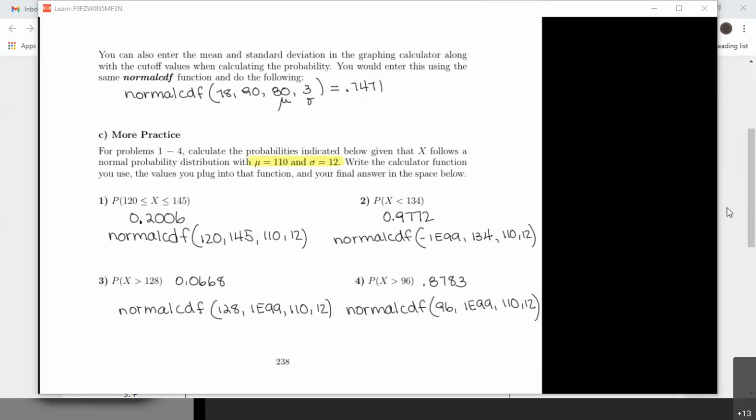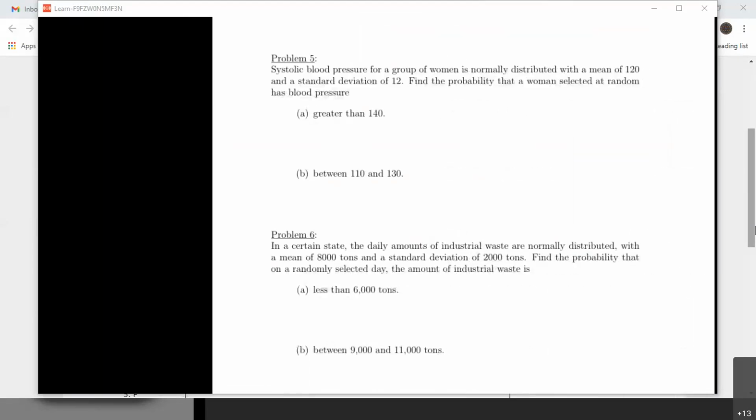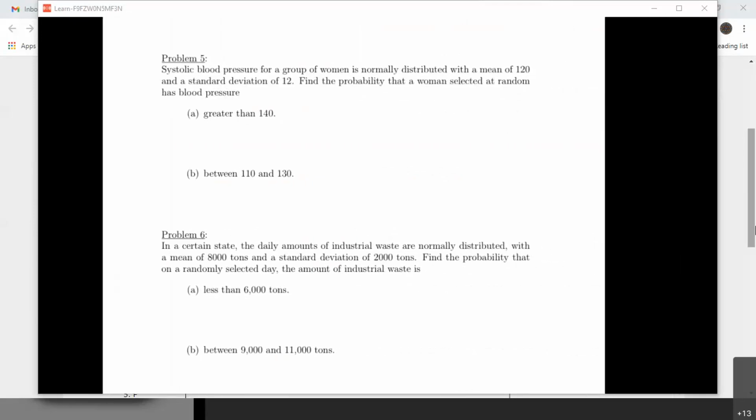The last thing I want to cover today, and I'll do one, you do one, and then when I upload my notes, I'll make sure the third one is also done. But here we have applied problems, applied normal probabilities. Here's an example of some things that could be normally distributed.